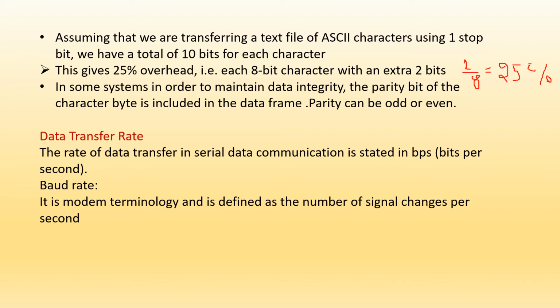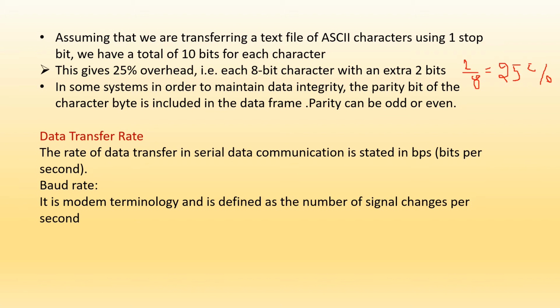Coming to the data transfer rate, in serial data communication the rate of data transfer is specified in terms of bits per second, BPS. We also use one more terminology called baud rate, which is defined as the number of signal changes per second.